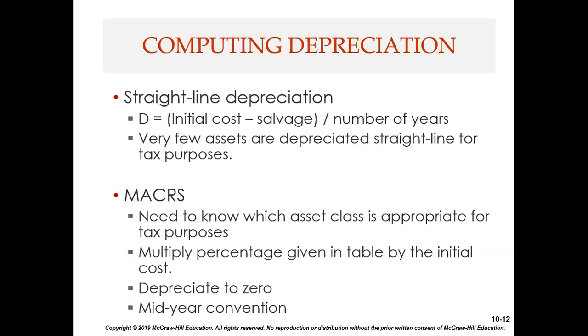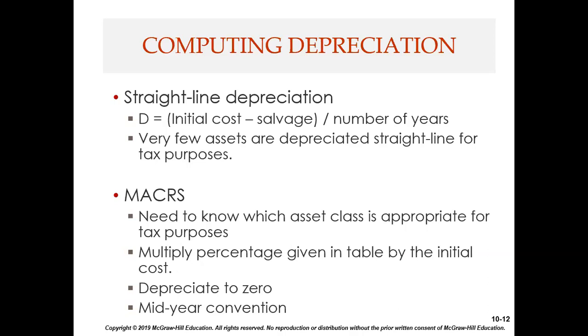In other words, if you didn't buy an asset on January 1, normally you have to say, okay, when did I buy the asset? May 1. How many months did I use that asset for the rest of the year? 8. Well, then I can only take 8/12 of depreciation expense for that year.